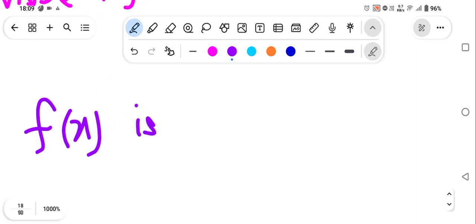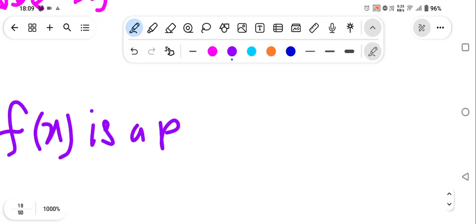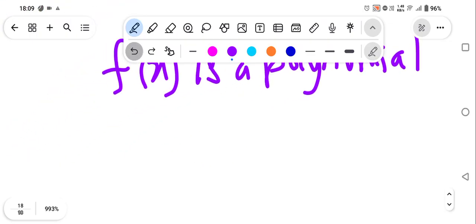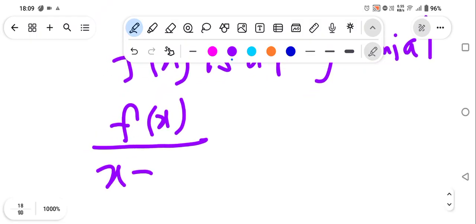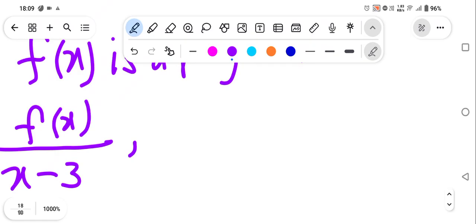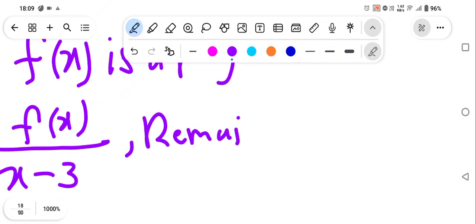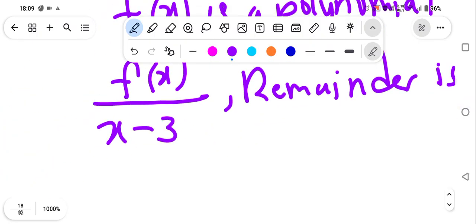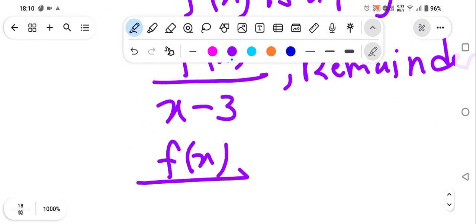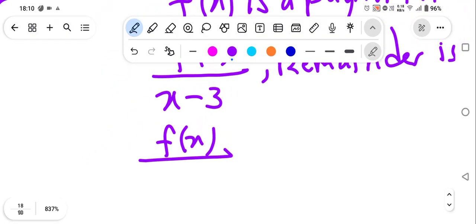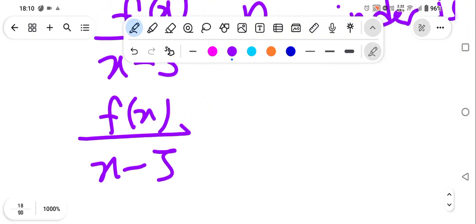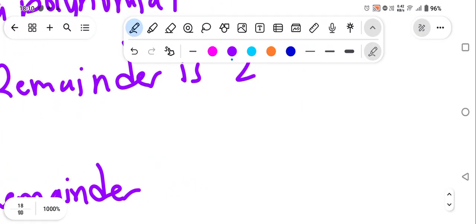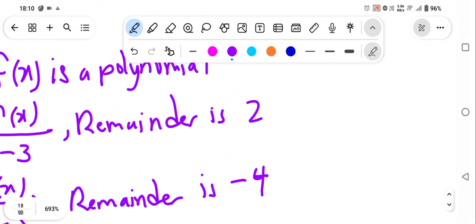If f(x) is divided by x minus 3, let's say the remainder is 2, and for the same f(x), divided by x minus 5, the remainder is -4, for example.